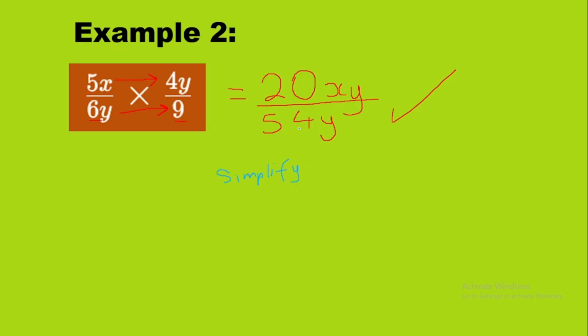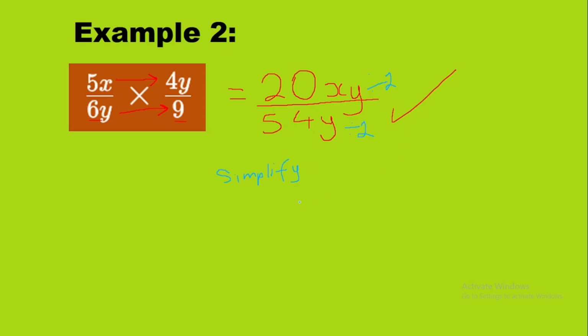If you're looking at it, the first number that comes to mind should be 2. So we're going to simplify by dividing both numbers by 2.